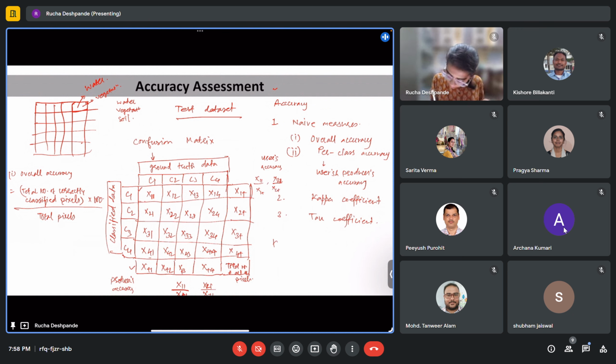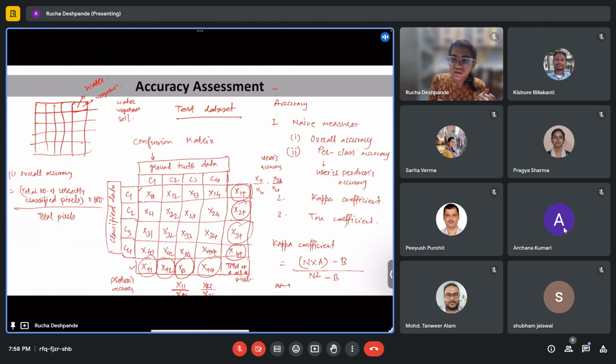And the definition of kappa coefficient. This was explained in the lecture also. Kappa coefficient is n times A minus B divided by n square minus B, where n is the total number of pixels, A is the total number of correctly classified pixels, and B is the sum of products of these values: the product of this and this, this and this, and so on.